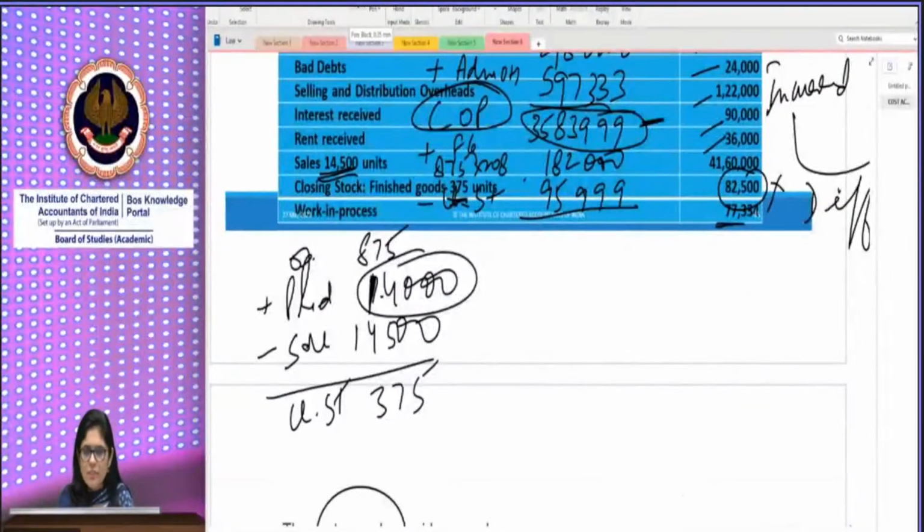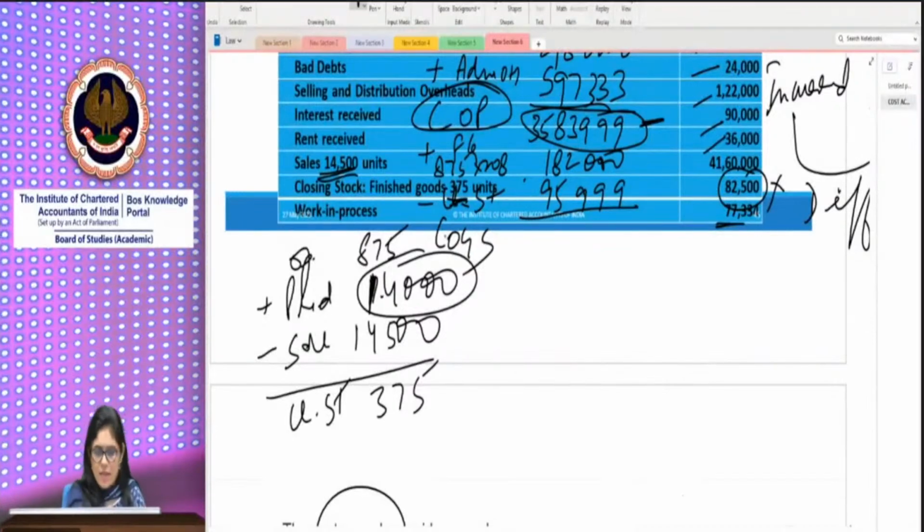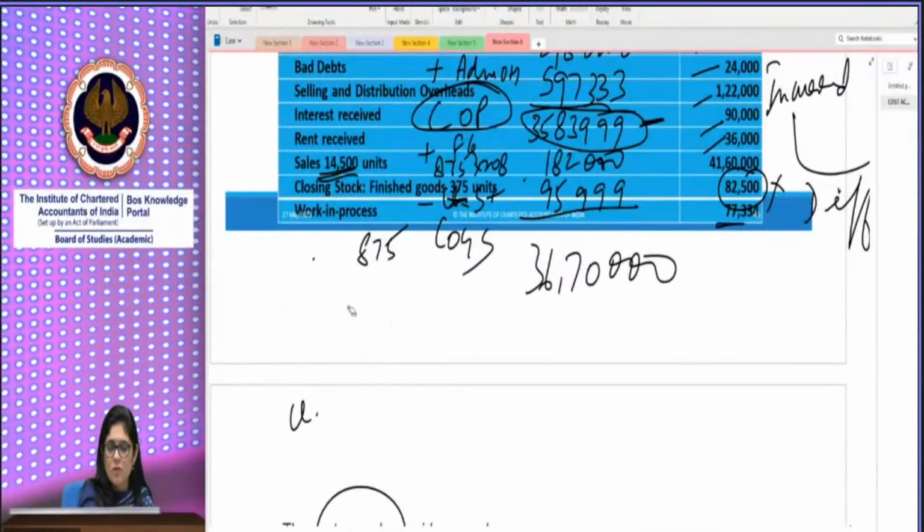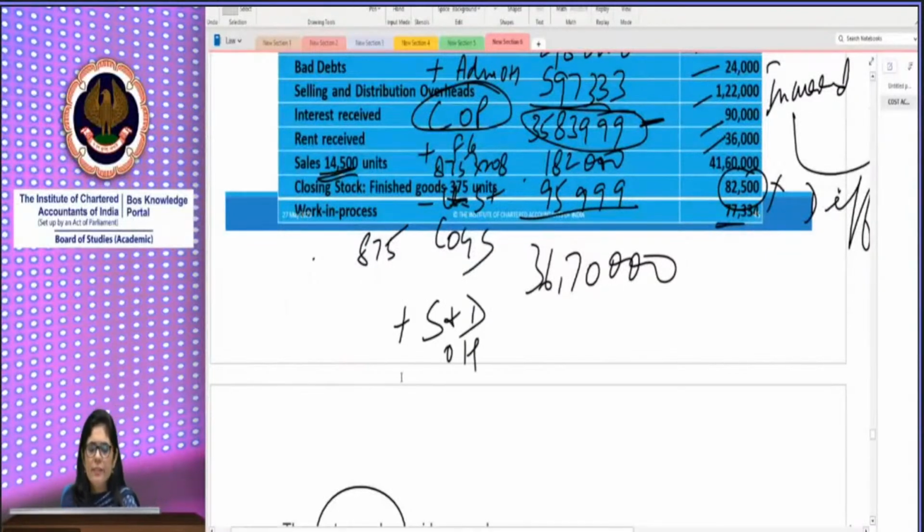So this is the closing stock of finished goods we have calculated. Now how much is the cost of goods sold? 35,83,999 plus 1,82,000 minus 95,999. 36,70,000 is your cost of goods sold, plus selling and distribution overheads, which are always added before cost of sales.